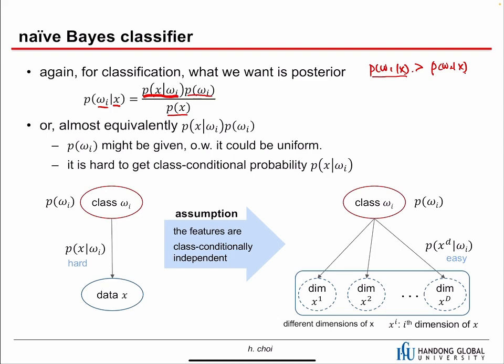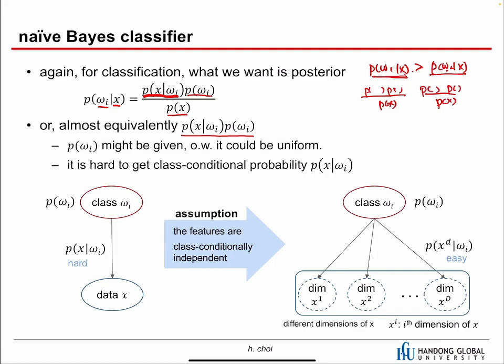Or equivalently, we can just focus on the likelihood times the prior, because think about this. We want to compare these two probabilities. In this case, we have a likelihood and prior, divided by p of x. And for this case, we have likelihood and prior, divided by p of x.